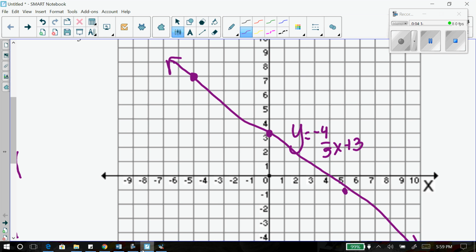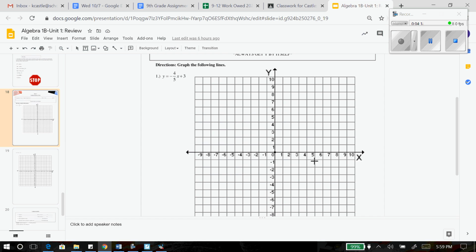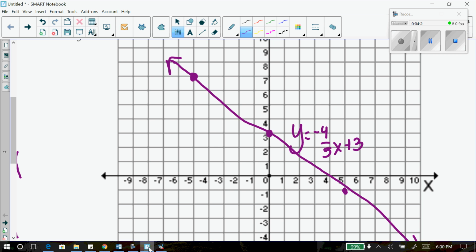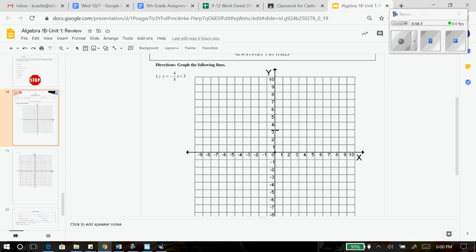You're going to give it your best shot. So let's go up to 0, 3. It's kind of like the middle point. And then I want it to go through negative 5, 7. Actually, let's see here. Oops. Yeah, let's do this one. Sorry.